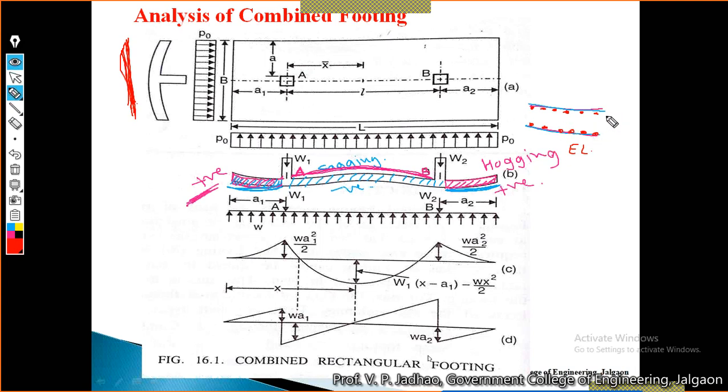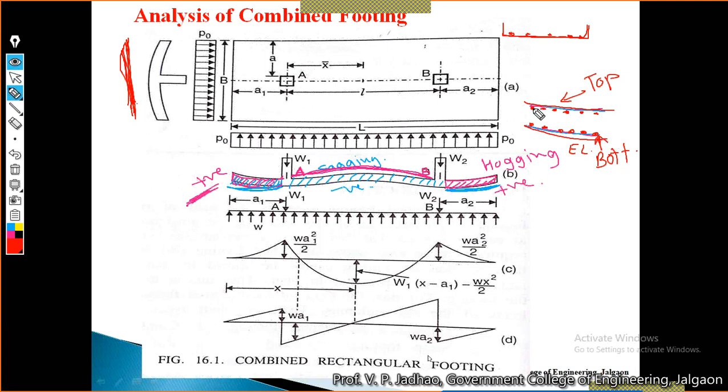So we will be having two meshes, one top mesh and one bottom mesh. In case of isolated footing, as you have seen, generally there will be only one mesh. If the depth of footing is less, we will have only one mesh, that is the bottom mesh, placed like this. But in case of combined footing, we will be having two meshes, one top mesh and one bottom mesh.